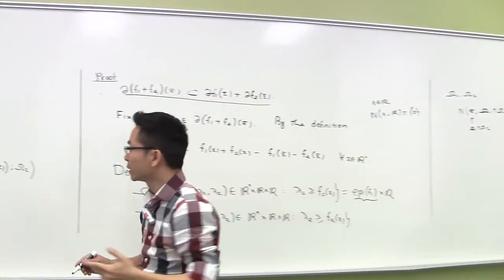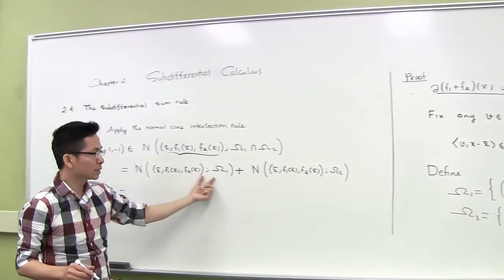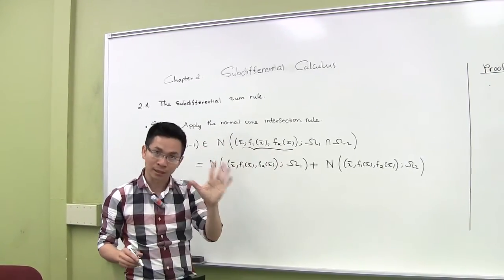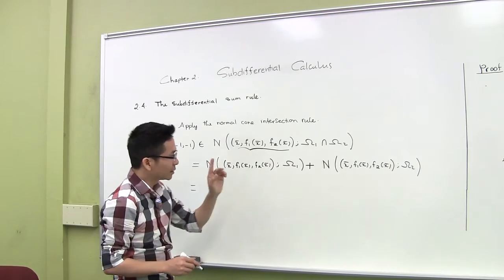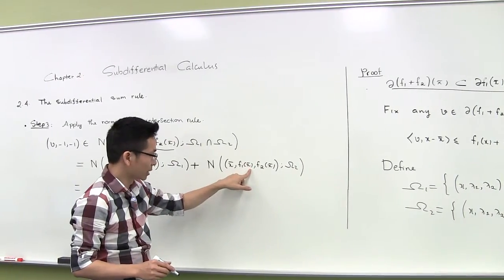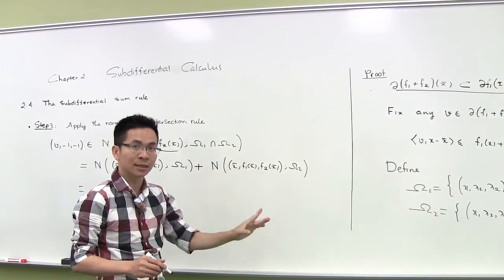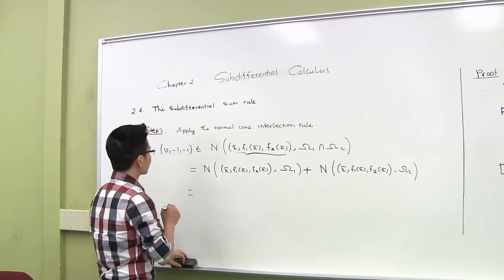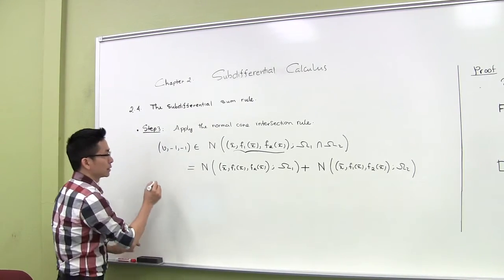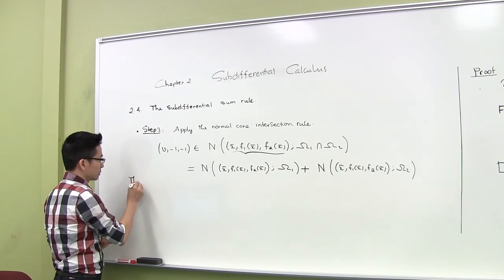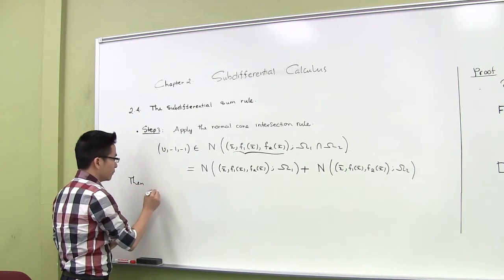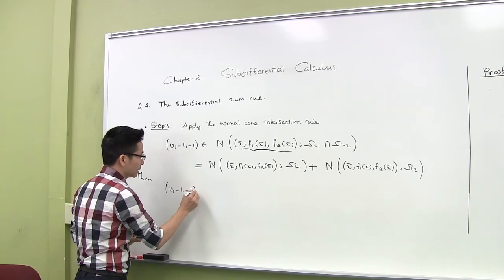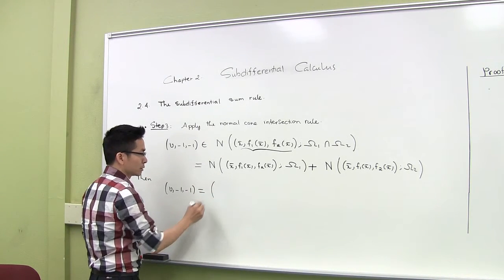So then the third component in this normal cone is 0. Okay? And similarly, the second component in this normal cone is 0. So we have the following. Then V minus 1 can be written as follows.